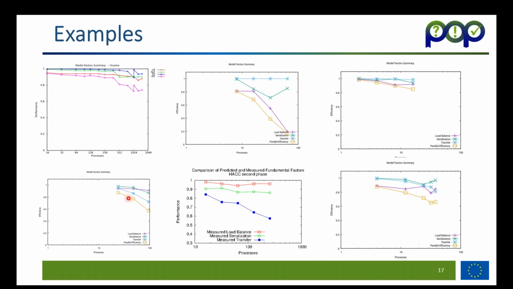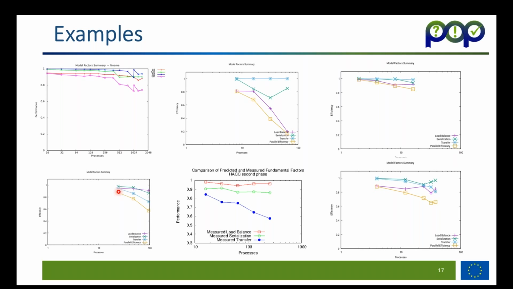The thing I would like to highlight here, and I think this is important, is that you also identify that at different core counts, the relative importance of the different factors may change, even if it's a small difference here.